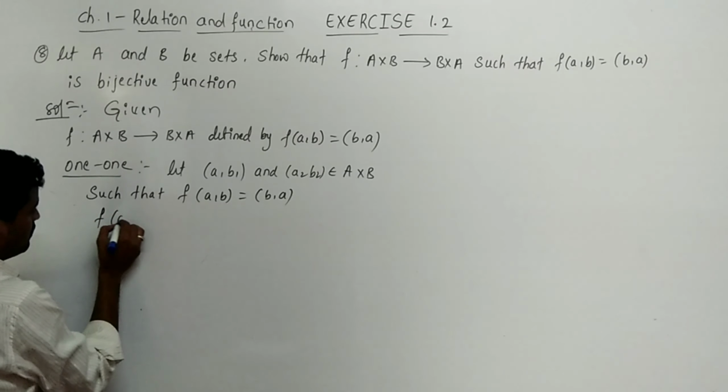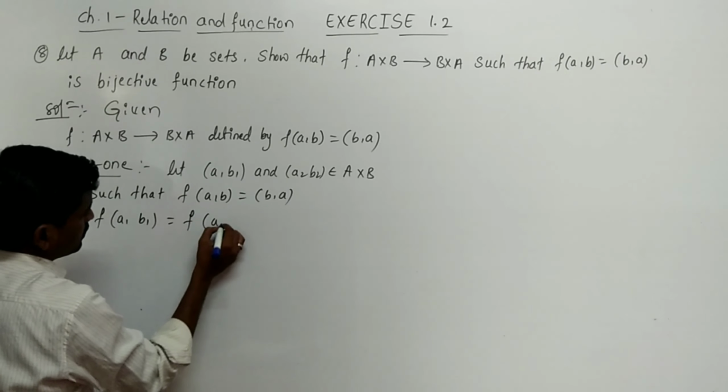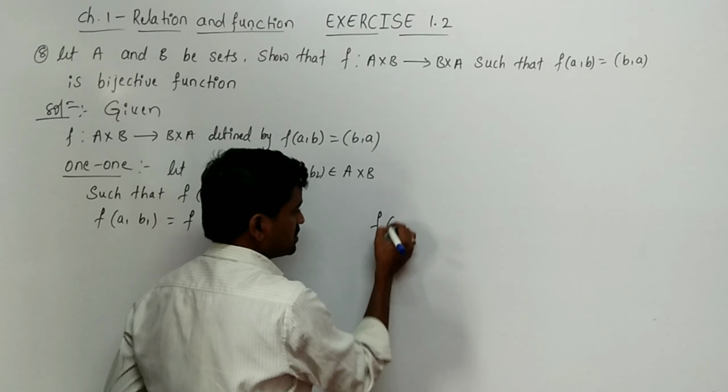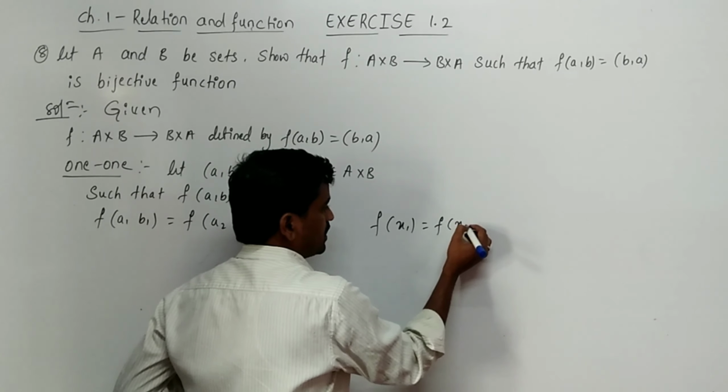Next, f of (a1, b1) is equal to f of (a2, b2). One definition is f of x1 is equal to f of x2.